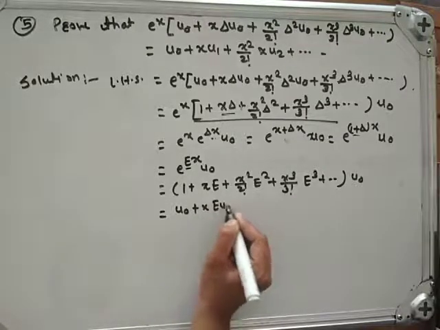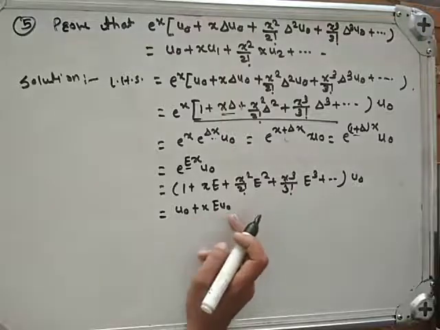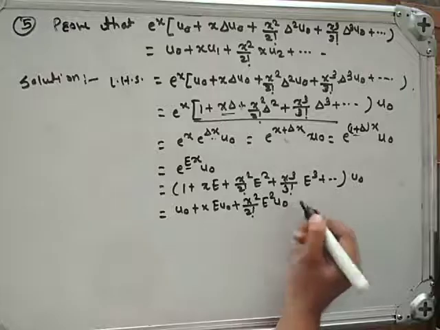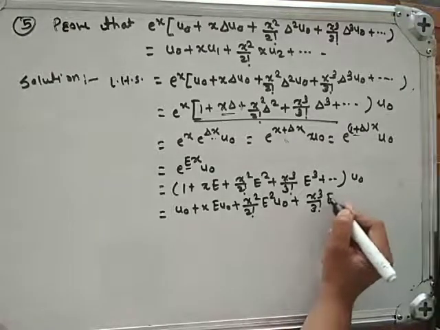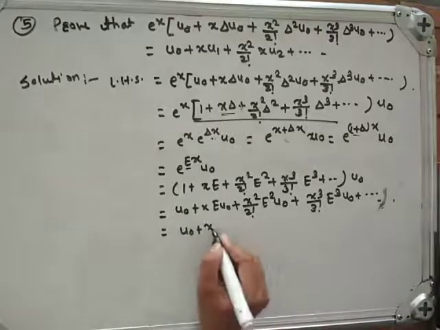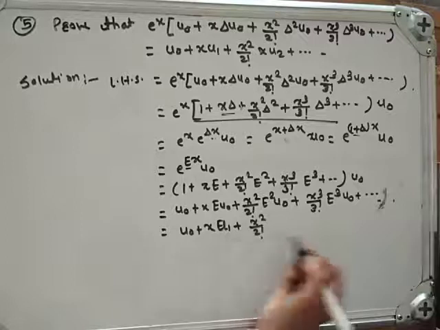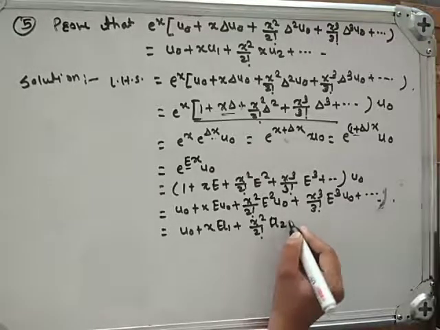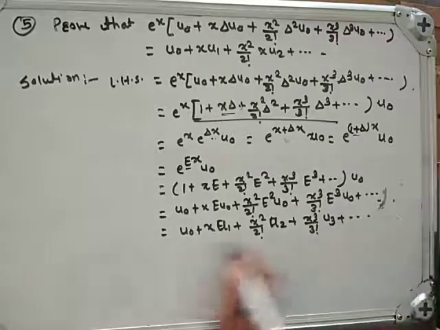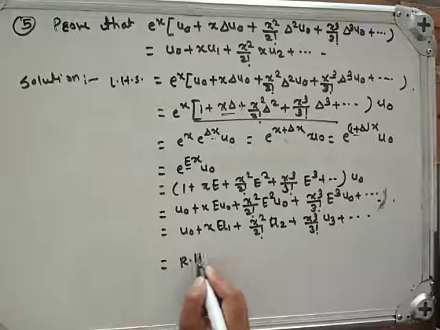plus x into u0, multiply u0 in the bracket, we get u0 plus x into E u0 plus x square upon 2 factorial E square u0 plus x cube upon 3 factorial E cube u0 plus and so on, okay, which is equal to u0 as it is, x into E u0 is here u1, plus x square upon 2 factorial, here is u2, plus x cube upon 3 factorial into u3 plus and so on, okay, which is equal to RHS.